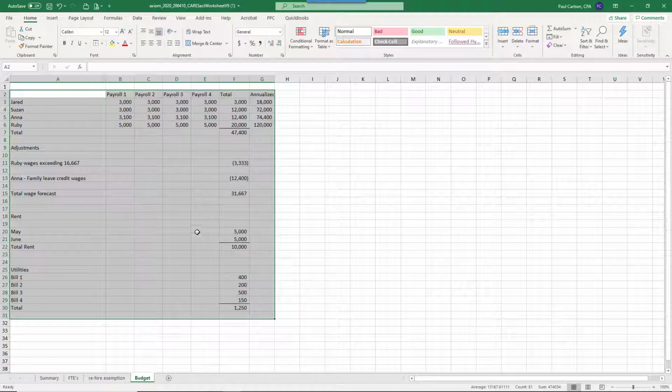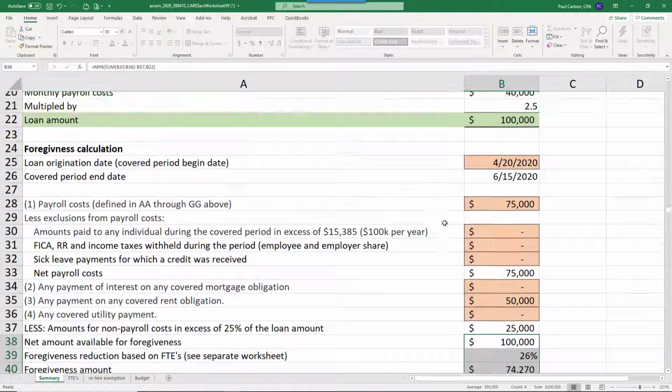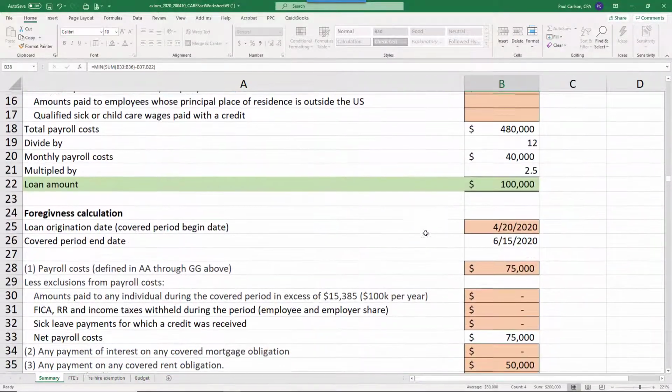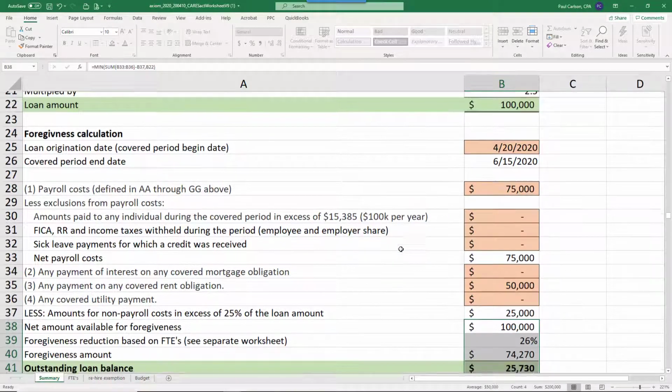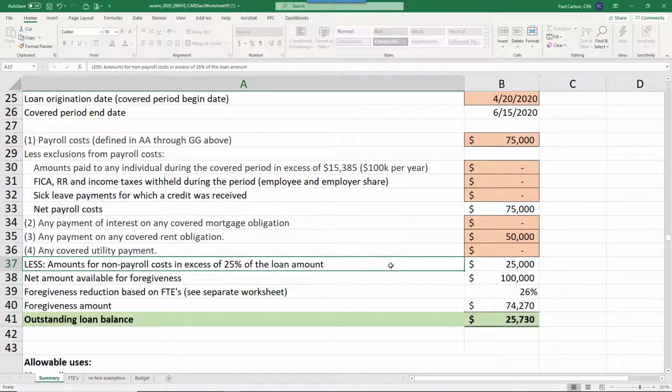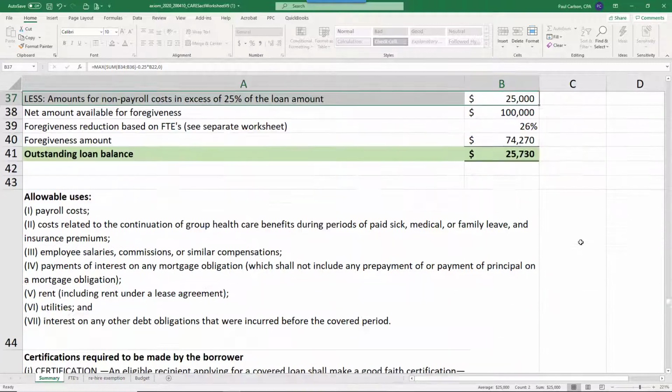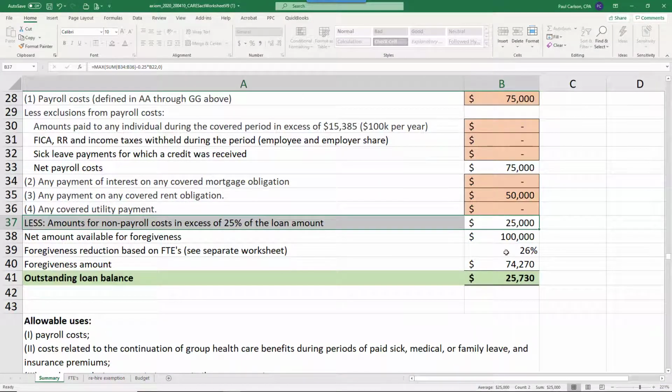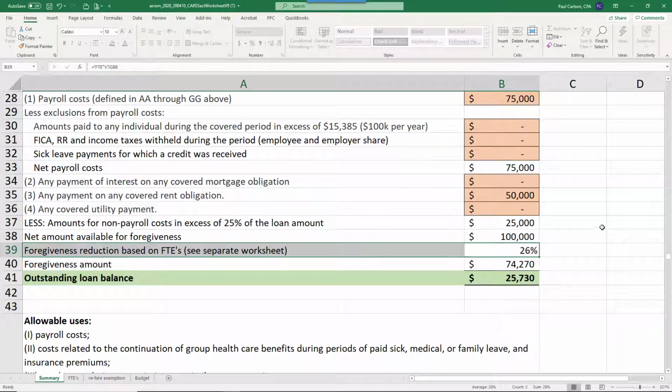Probably get 4 weeks into this, update these with actuals, and then come back and meet with the firm again to make sure that we're on track for what we need to do. And then based on that budget, we can start doing these calculations to see where we will be for forgiveness, paying close attention to the limitation where non-payroll costs are capped at 25% of the loan amount, and also paying attention to this full-time equivalent adjustment.